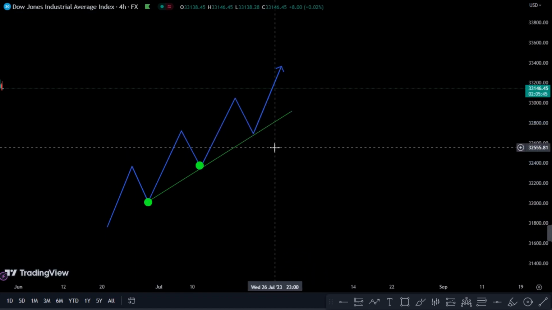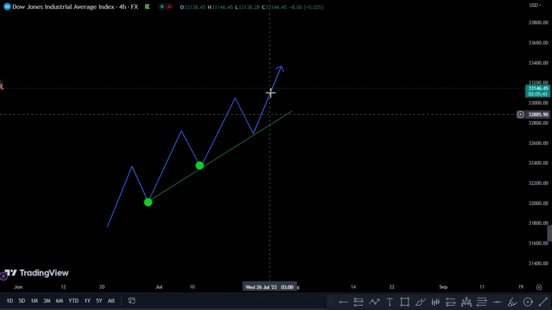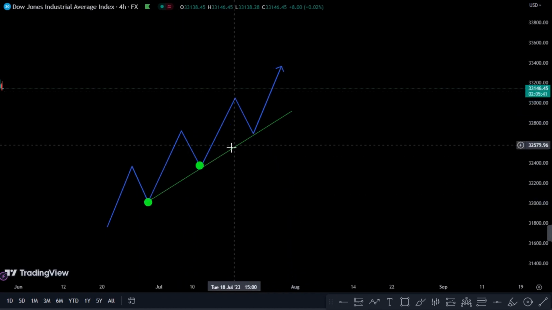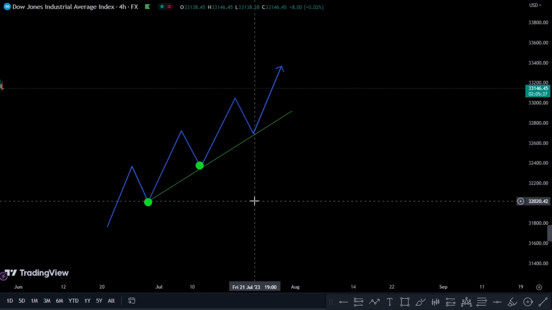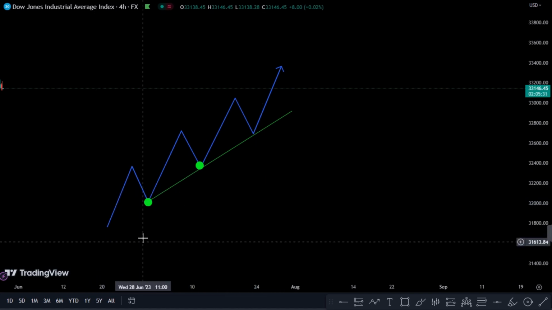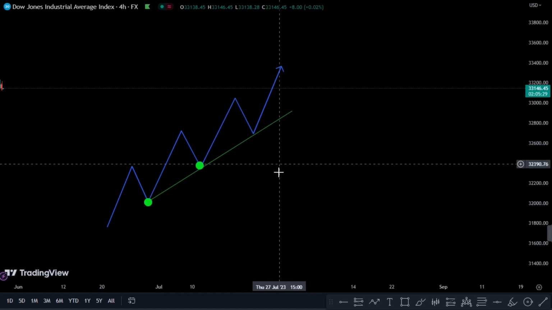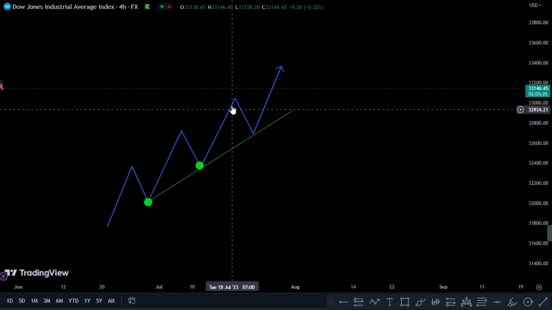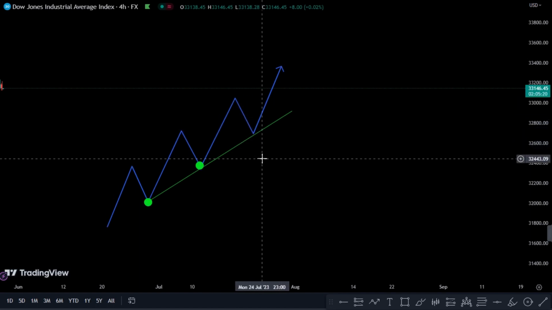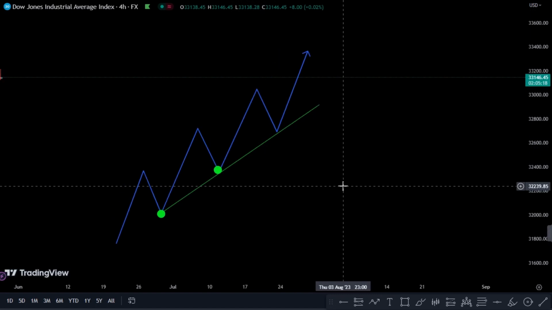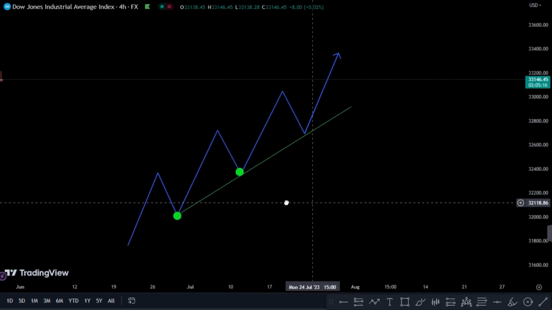Okay, in this scenario, since we are in an uptrend, the trend line that we are making an example of right here is a support structure. So we are basically trading along the trend, which is called trend trading. Once the market comes back to this area for the third touch, we'll be on the lookout for the price action that you would normally look out for before you jump into a trade.